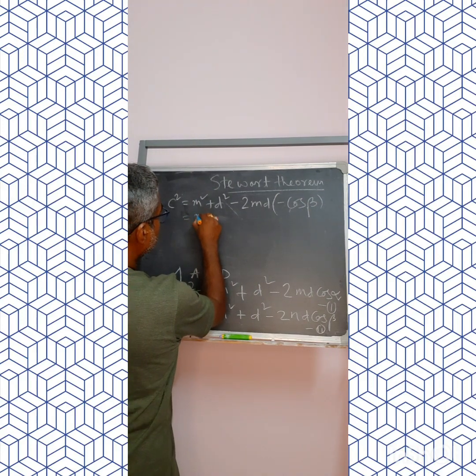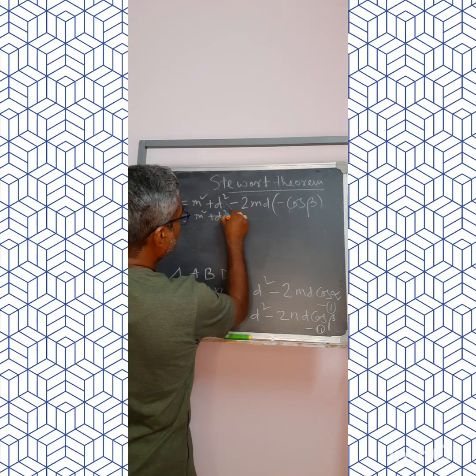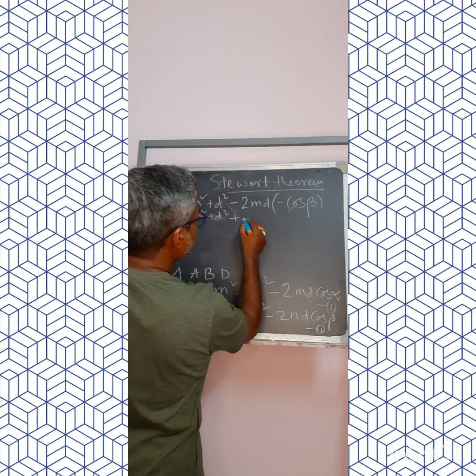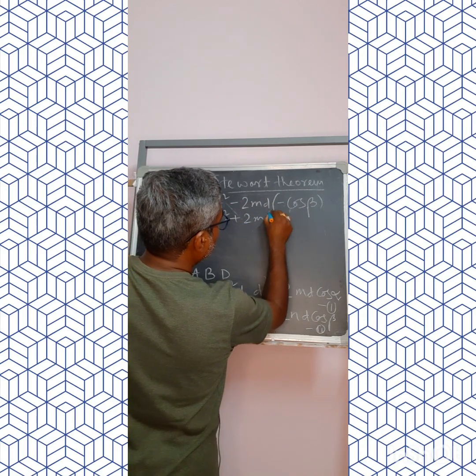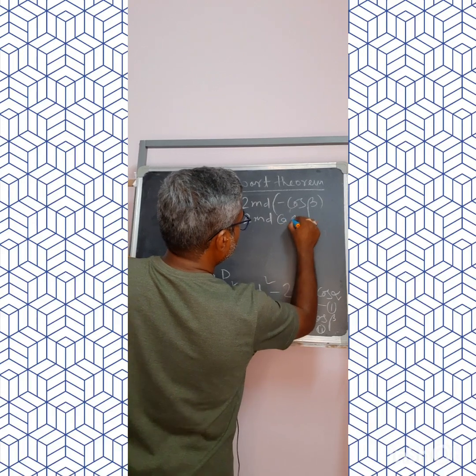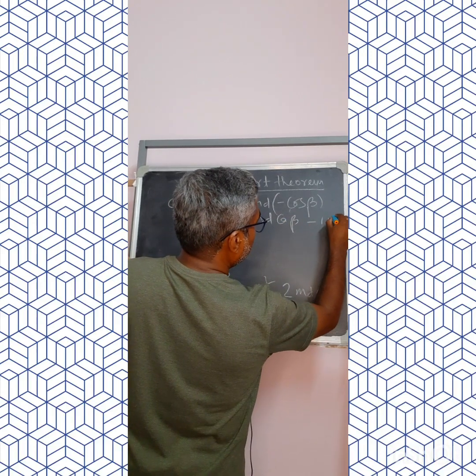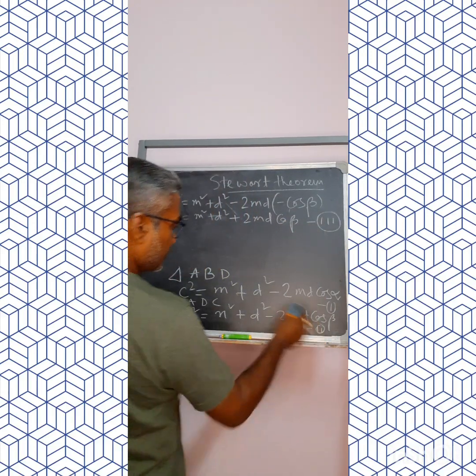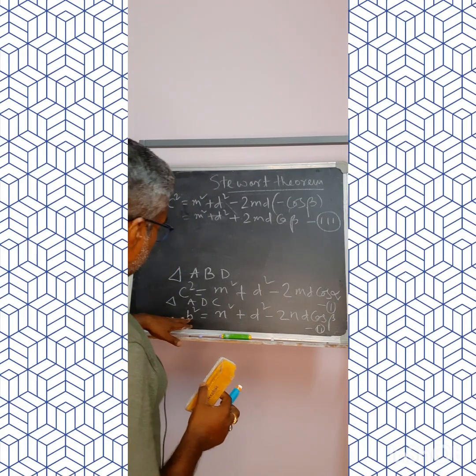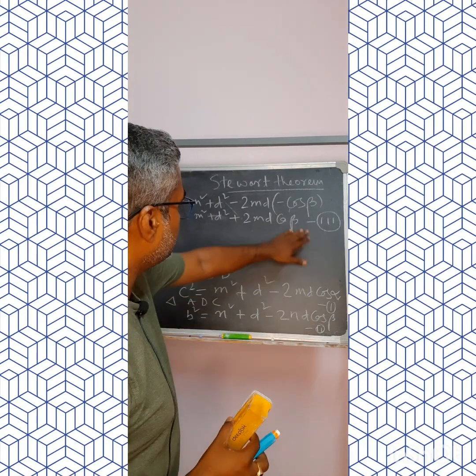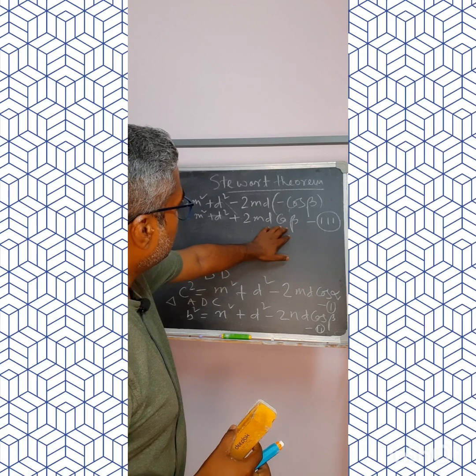This will give m square plus d square plus, with minus and minus becoming plus, 2md cos beta. This I will name as equation 3.